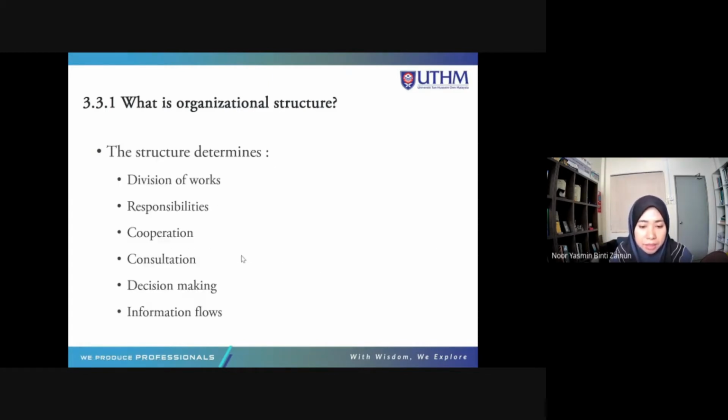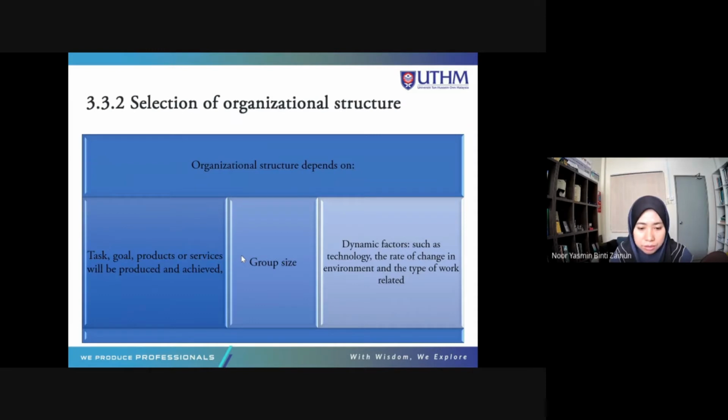The structure determines the division of work, responsibilities, cooperation, consultation, decision making, and information flows. Here it depends on the group size, the task, the goal, the products or services to be produced and achieved, and dynamic factors such as technology, the rate of change in the environment, and type of work.